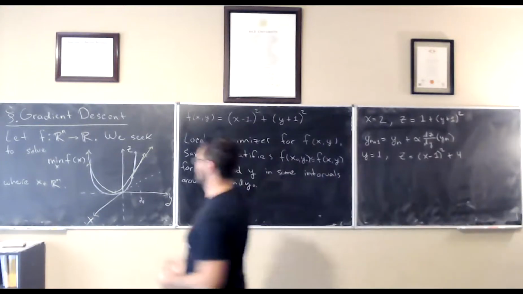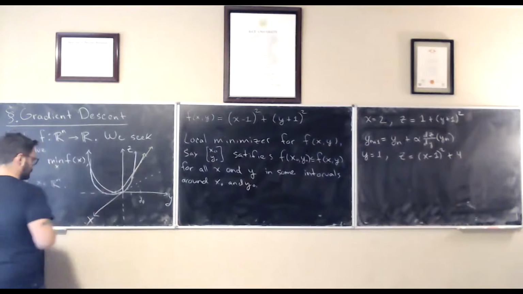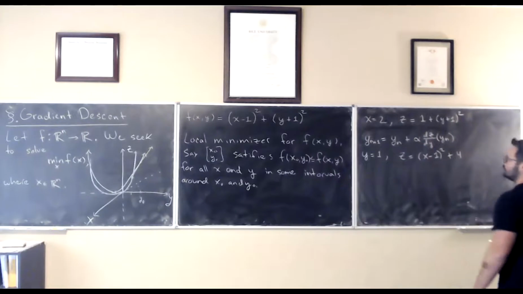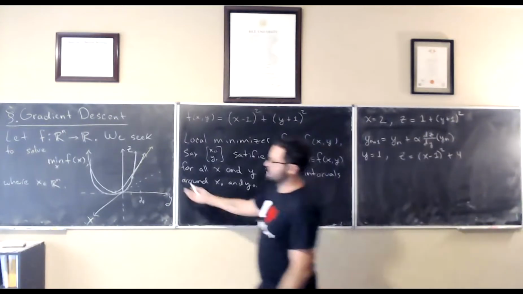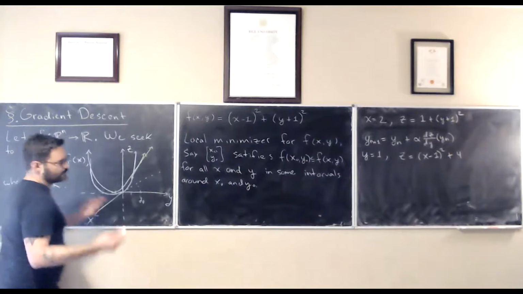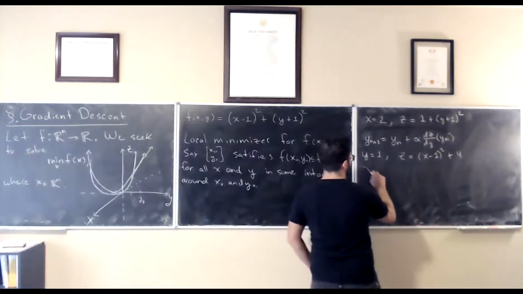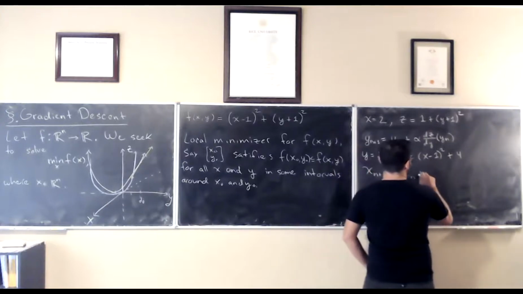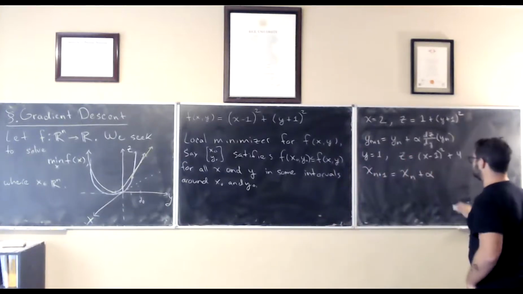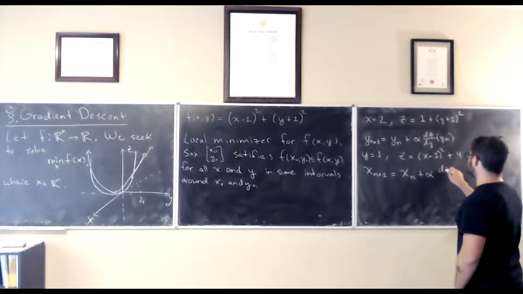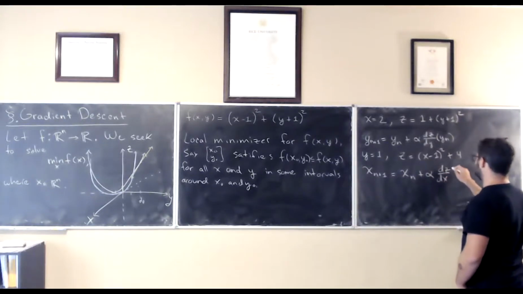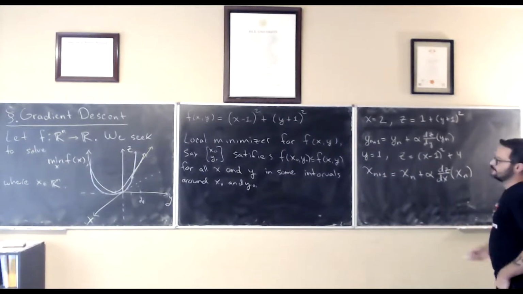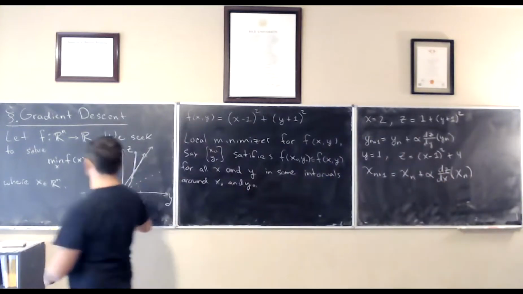This axis would be raised up by 4. So now if we vary x and we want to minimize on the blue curve, we use the same thing. We say x n plus 1 equals x n plus some learning rate times the derivative of z with respect to x at the previous, and now we'd be minimizing along this blue curve here.